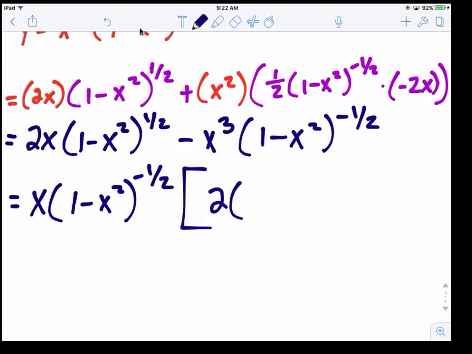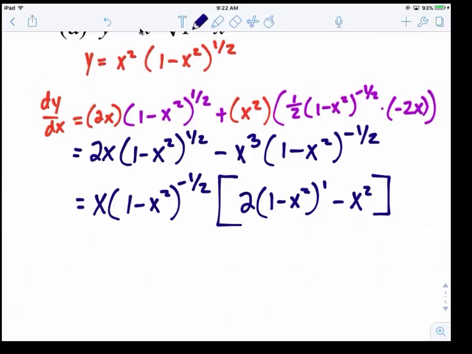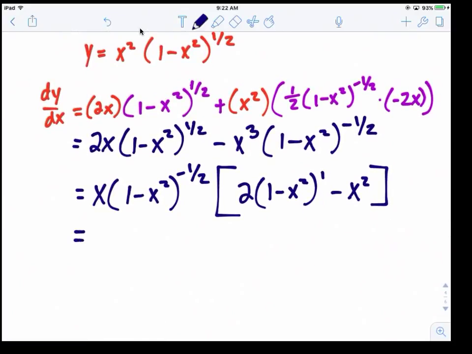How do you go from negative 1/2 to 1/2? What are you adding? 1. So your exponent for your 1 minus x squared is going to be 1. And then minus x squared. So I have now x times 1 minus x squared to the negative 1/2.